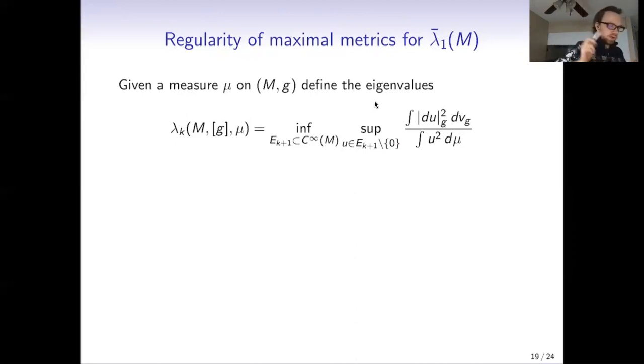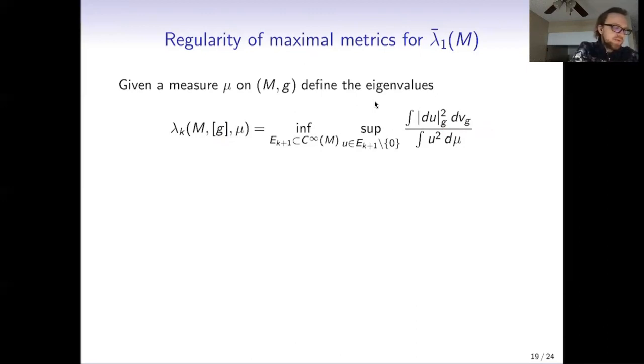And all you're doing is looking at that definition that I put at the beginning, with the variational characterization of lambda k, and you're replacing the integral at the bottom. Previously it was dV_g. I replace it by dν, the integral with respect to the new measure. All right, so the key point here is that on top you have g, but on the left you have only a class of g.